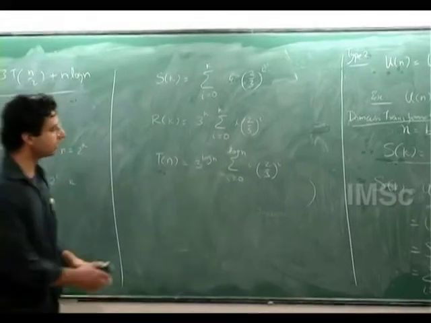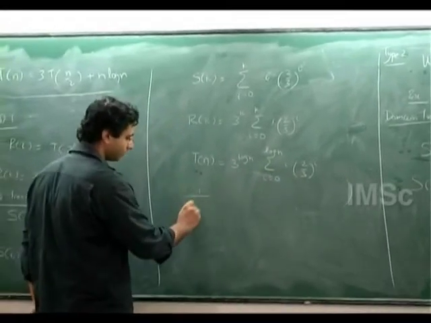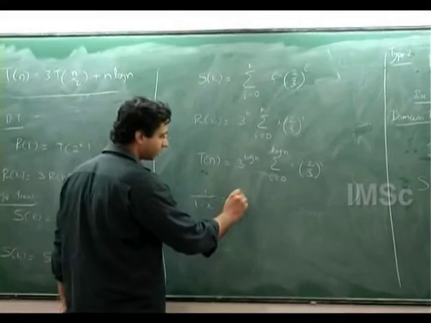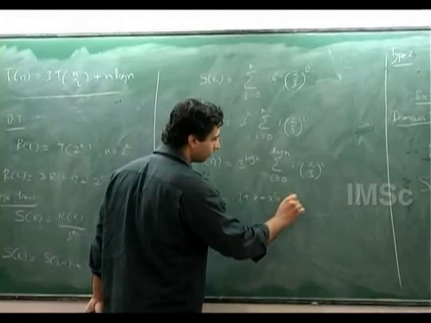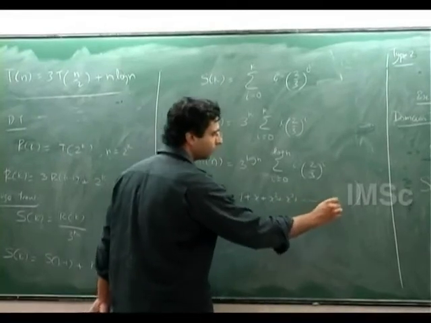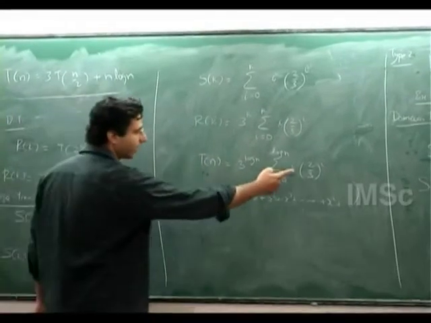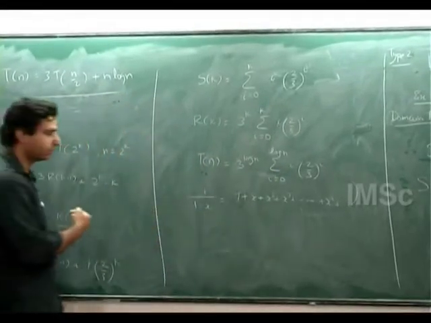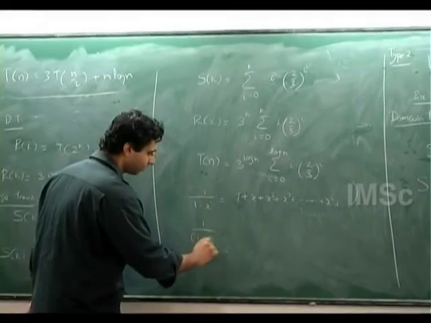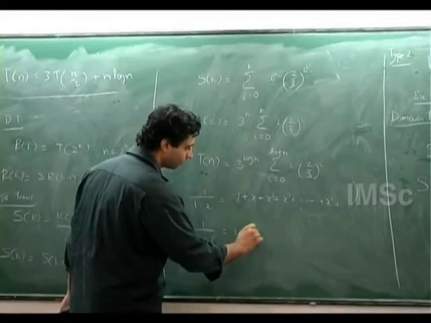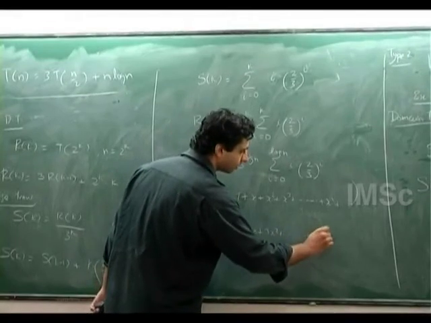To bound this, earlier we had just this geometric sum, now we have this i. The property we use is that the geometric sum has this form: 1 plus x plus x square plus x cube plus so on, x raised to i plus so on. To get this i, I should differentiate this equality. So I get 1 upon (1 minus x) whole square is 1 plus 2x plus 3x square plus so on, i x raised to i minus 1.